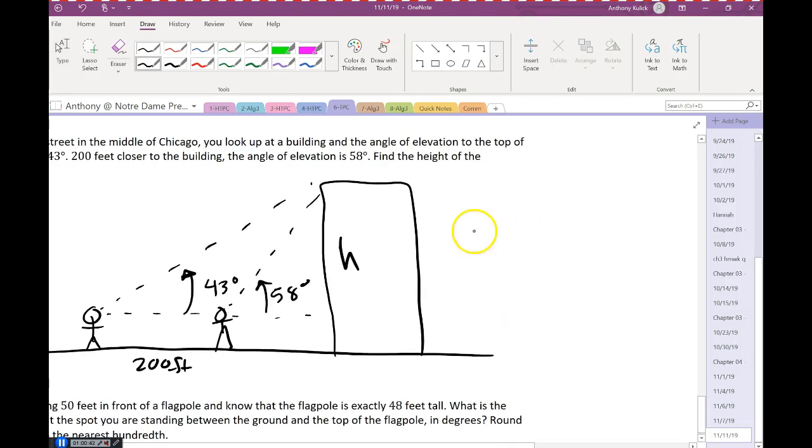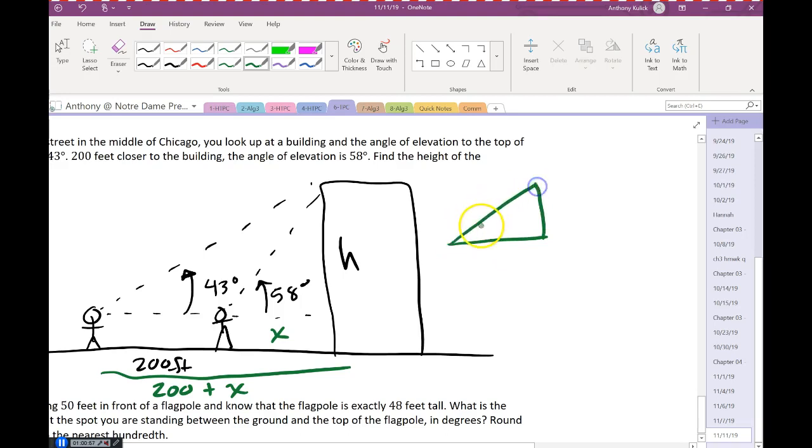So what I'm going to do is call this side x. That makes this piece 200 plus x. That's going to give me the triangle with 43 degrees, 200 plus x, and h.